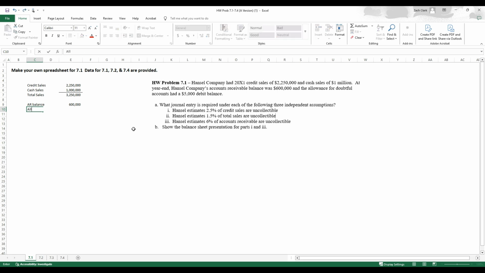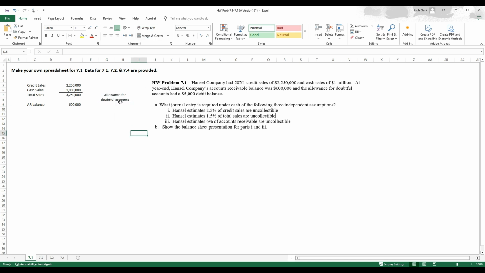And we had allowance, and actually I'm going to do the allowance for doubtful accounts as a T account, just so we can look at that and potentially need to factor in that if we do an AR method allowance calculation. So we'll say allowance for doubtful accounts.